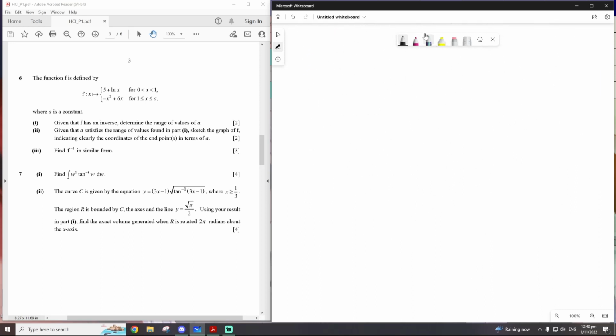Given that a satisfies this range of values, sketch the graph of f. So we have part 2 of question 6. We don't actually need to draw the x-axis too far. So we know that there will be a vertical asymptote at the y-axis because of the log graph.